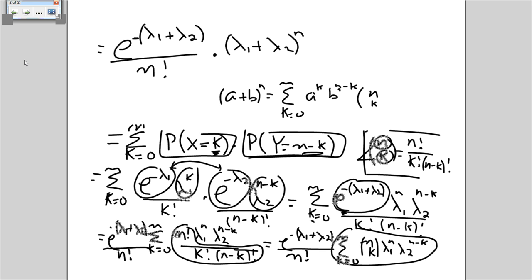Okay, so just to comment on what we have: this is the probability that x plus y equals n. There it is. That's the probability that x plus y equals n. Find the distribution of x plus y. We did.